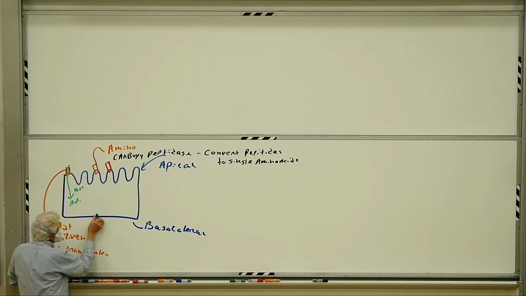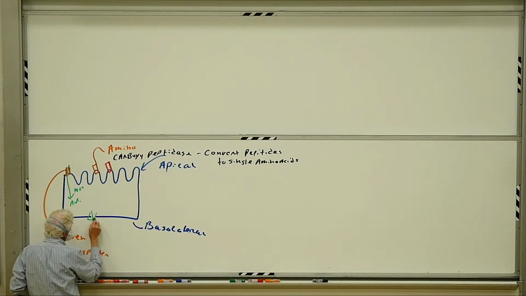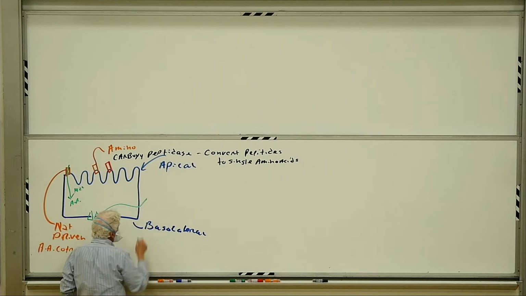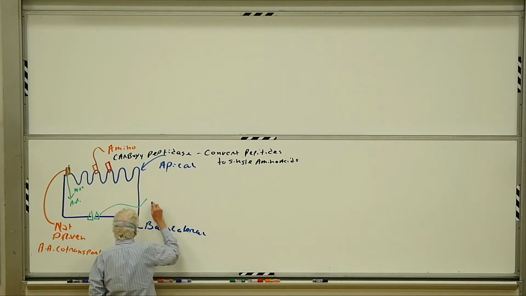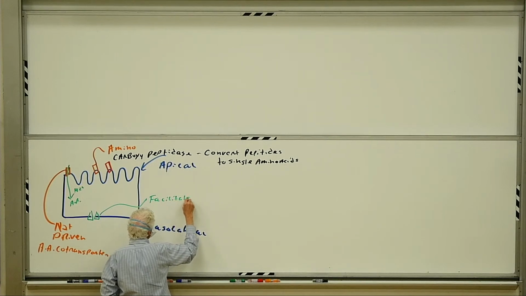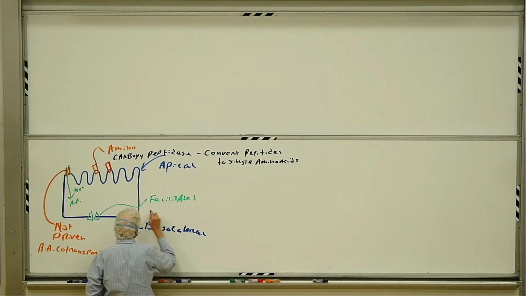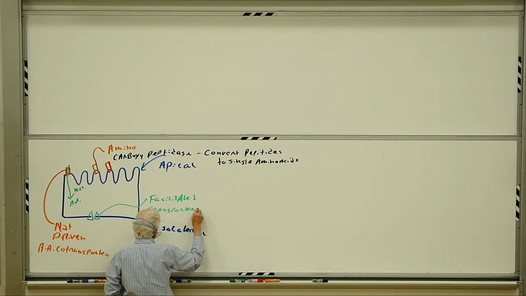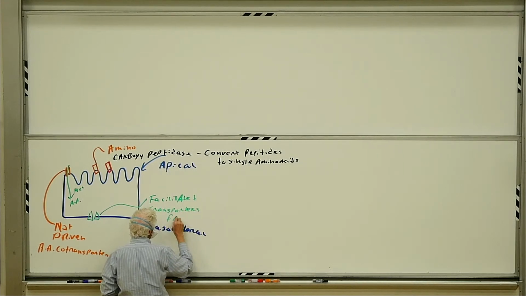Then on the basolateral surface down here, just as we saw in the proximal convoluted tubule, are facilitated transporters for amino acids.